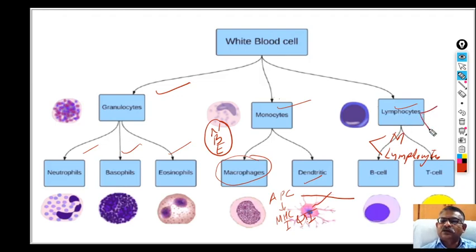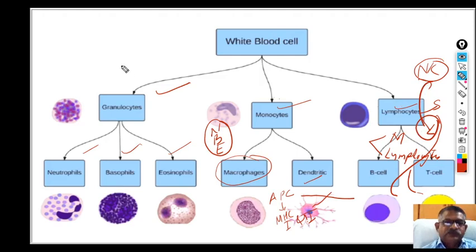We normally refer to them as small lymphocytes and large lymphocytes. Small lymphocytes further develop into B and T cells, whereas the large lymphocyte becomes a natural killer cell, right?